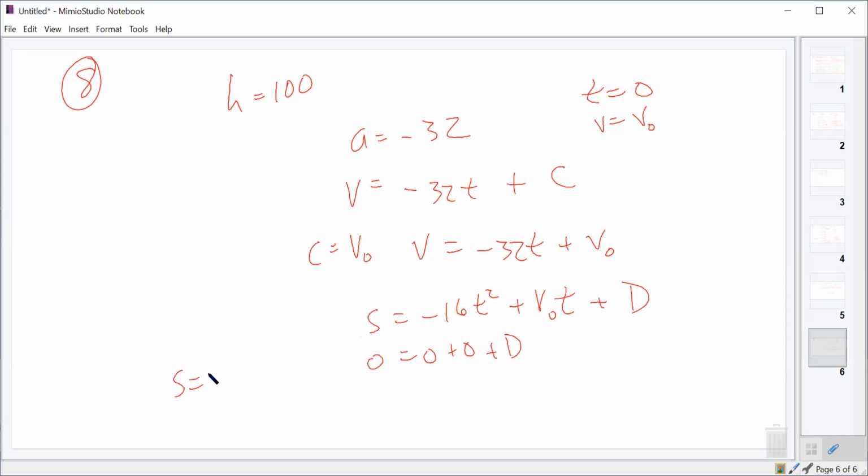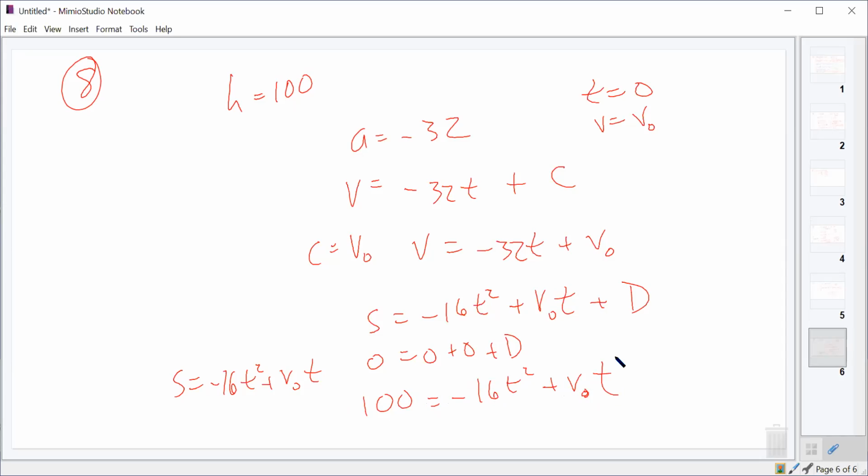So we know that the position is negative 16t squared plus v naught t. And we want the height to be 100. So we will say 100 equals negative 16t squared plus v naught, constant there, times t.